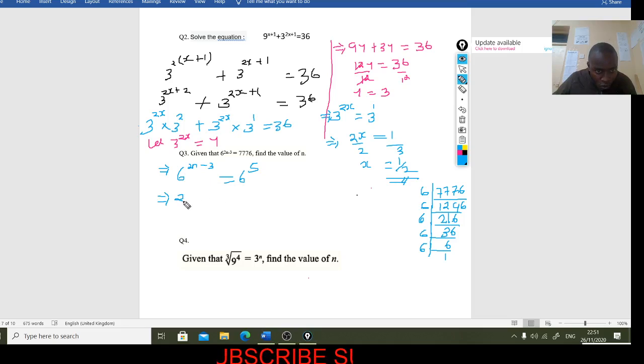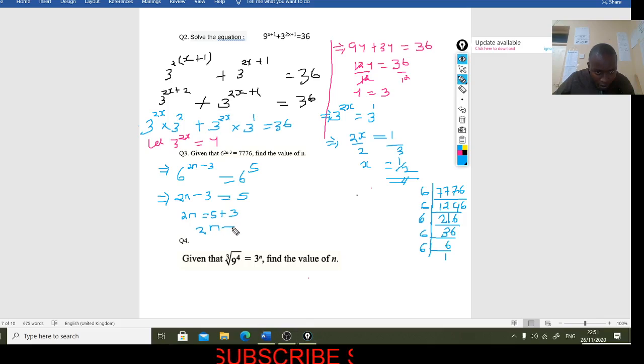So that means 2n minus 3 equals 5. I take 3 to the other side, it will be added, so that means 2n will be equal to 5 plus 3. So 2n equals 8.